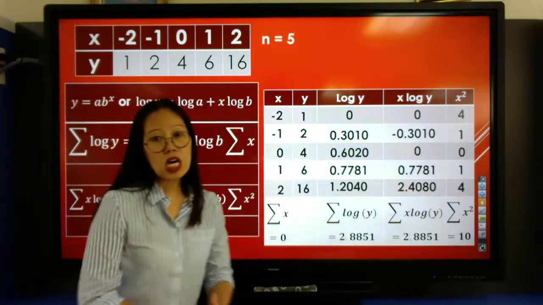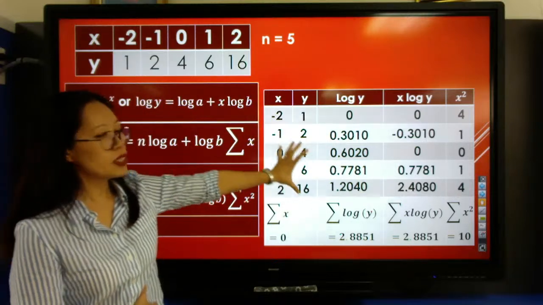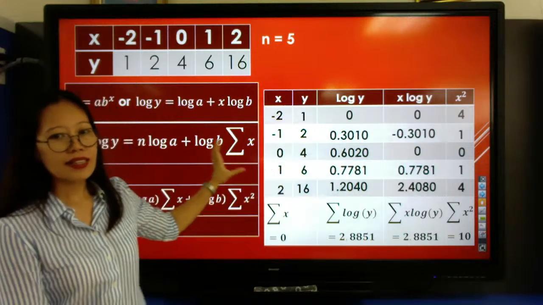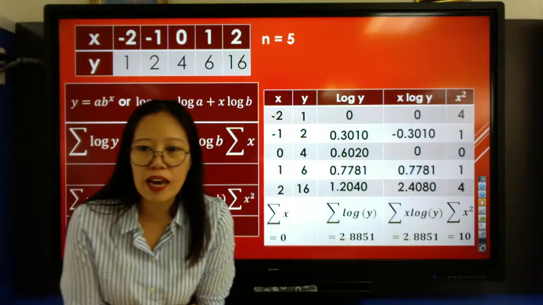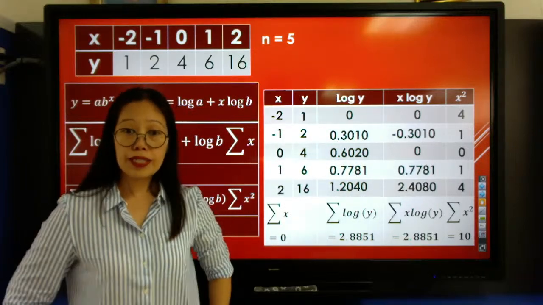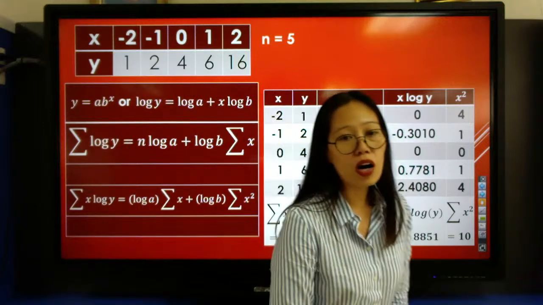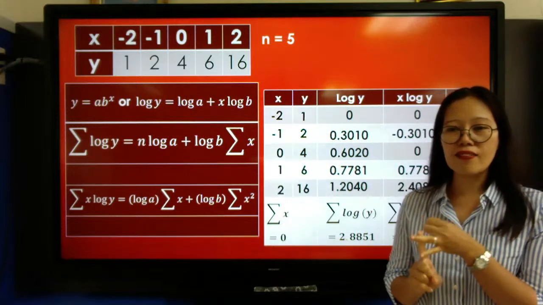All right, so far we're already on the table. We already have our table here complete. The next step is, come on, tell me what's the next step. Remember that I'll be giving you points for your participation and attendance.